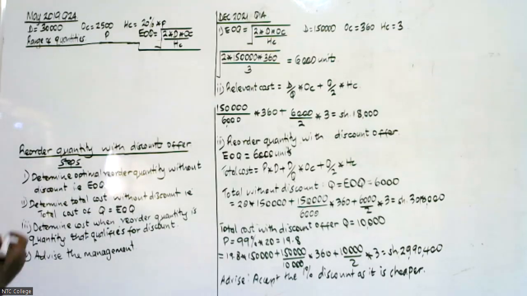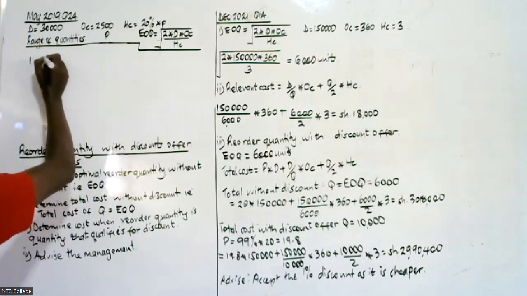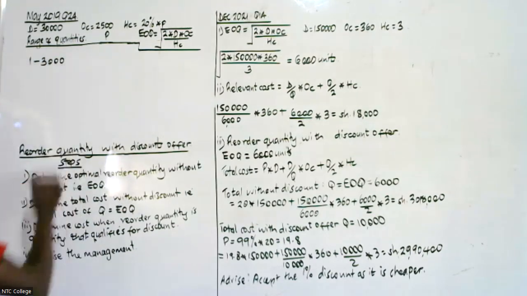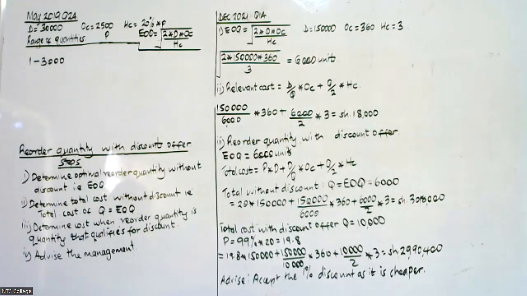So the first range is between 1 and 3,000 units, with a purchase price of 21.